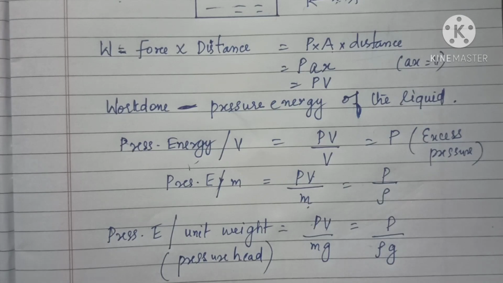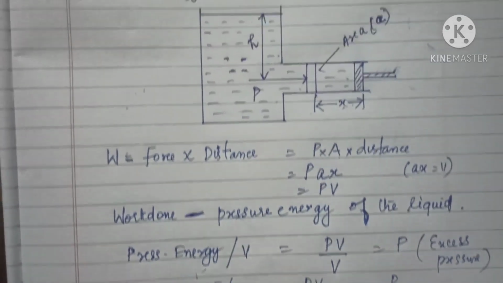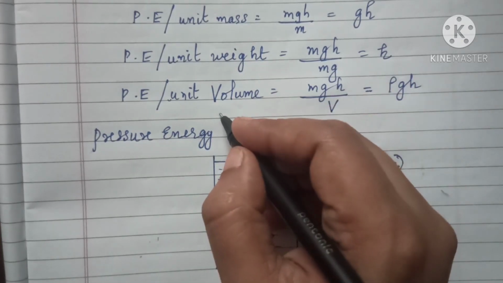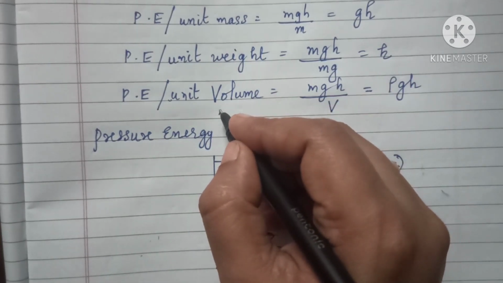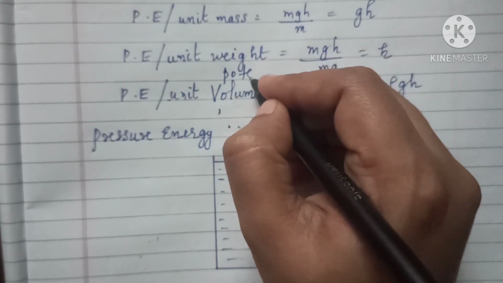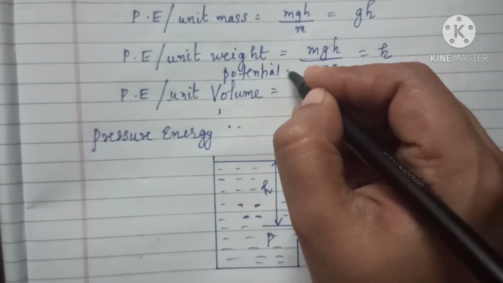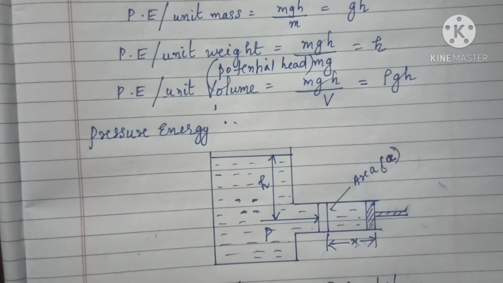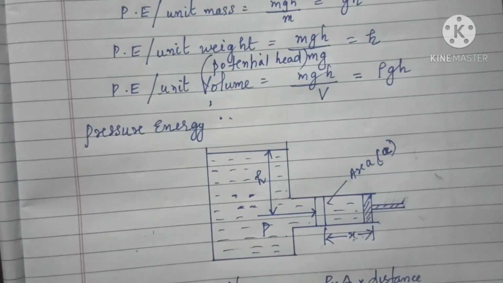Also, the potential energy per unit weight is known as the potential head, and the kinetic energy per unit weight is the velocity head.